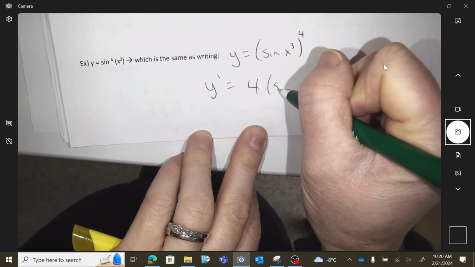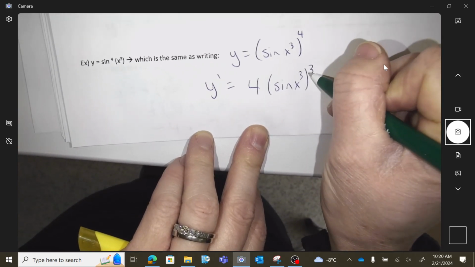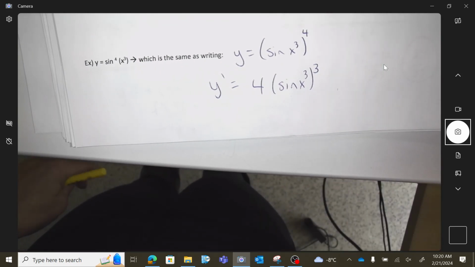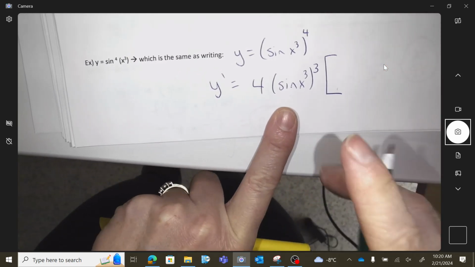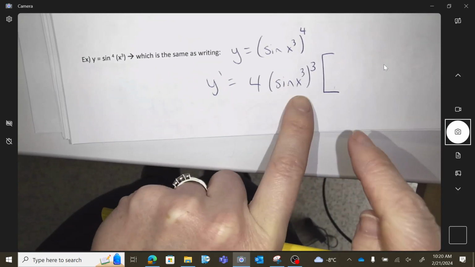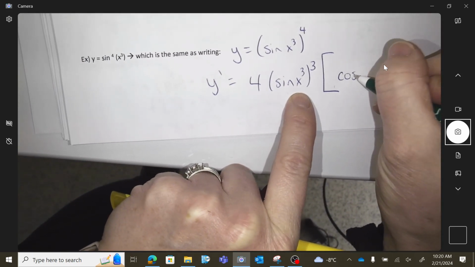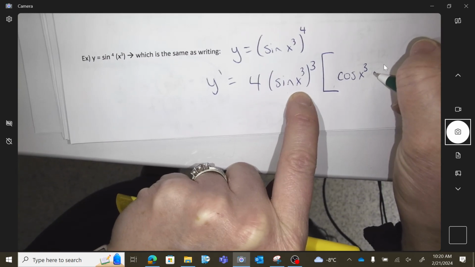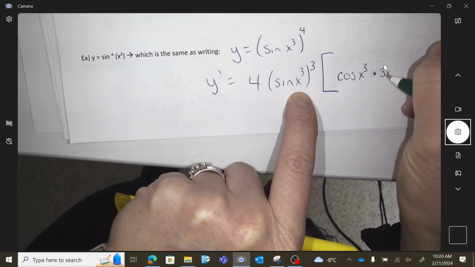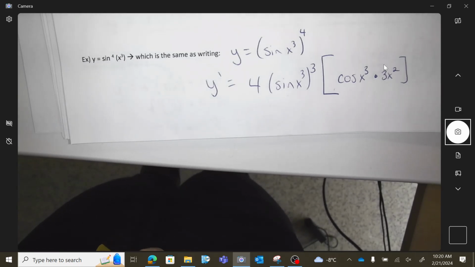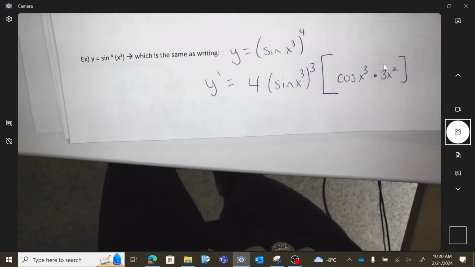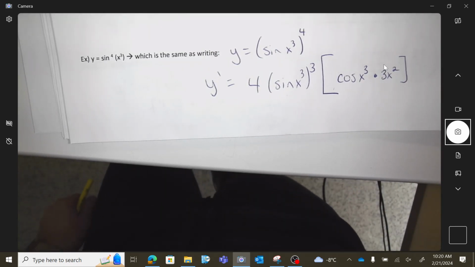So 4 of those units cubed, 1 down. 4 of the units, 1 lower. Attach the derivative of that unit. So deriving a sine would be a cos of that unit. Attach a 3x squared because you have to derive that unit. So derive that unit, but then when you derived it, you had to attach the derivative of the unit again. That's not too confusing, how many times I had to say that?